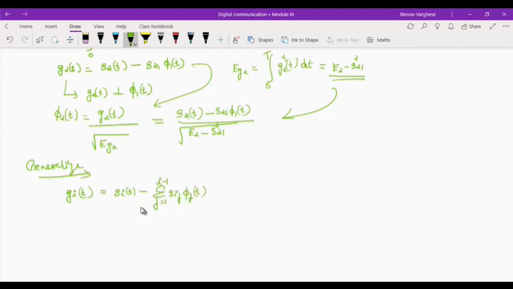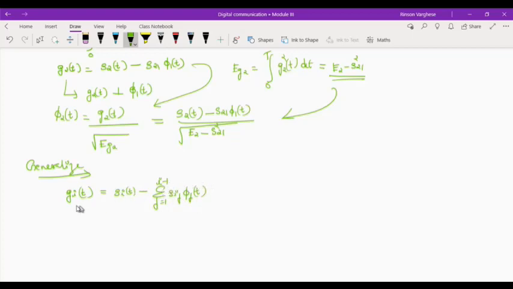So what is this? You are constructing the ith generator function. To construct the ith generator function, you have to subtract the contribution of the signal Si in all the other directions up to i minus 1.